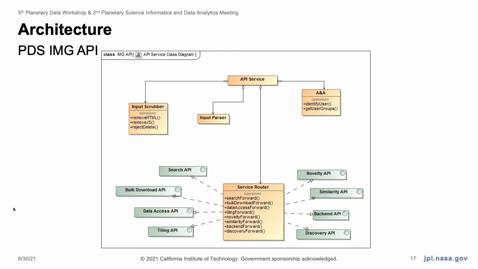So the user doesn't necessarily have to know the details about how that application is being invoked. That's all handled under the hood, and we can change how that application is handled because the user is not interacting with it directly. They're interacting with the imaging API, which then proxies it to the appropriate service.